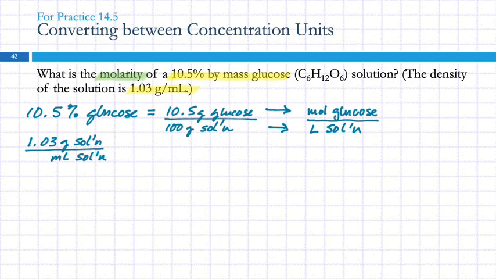So I'm going to convert 10.5 grams of glucose to moles of glucose. You know, it's kind of a debate. Is it faster to write glucose or to write C6H12O6? I don't know.